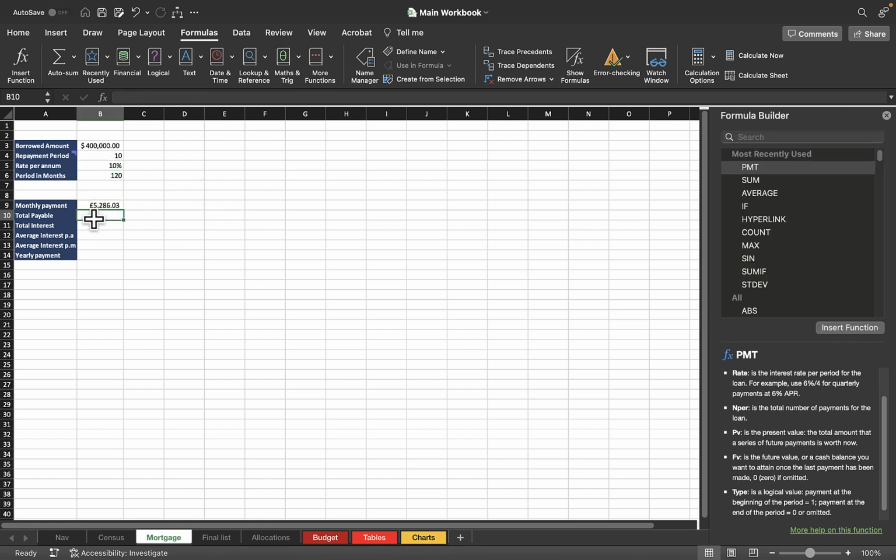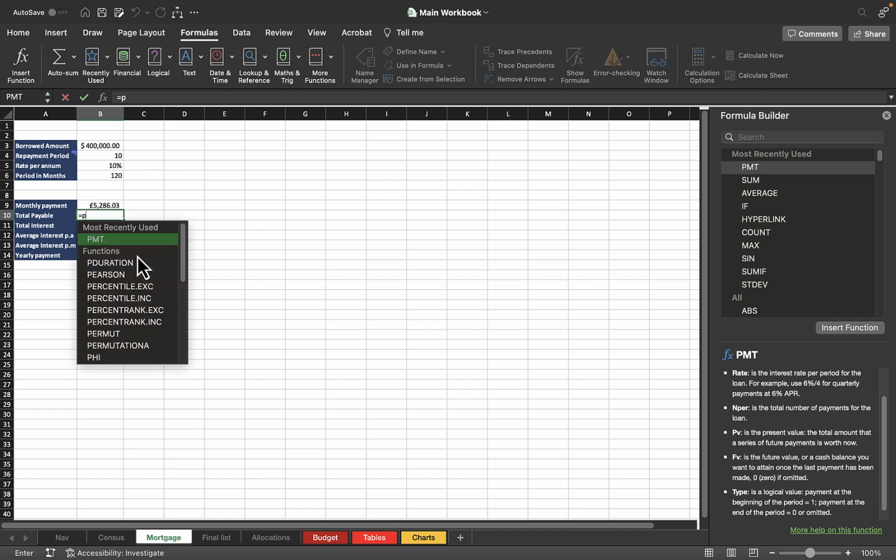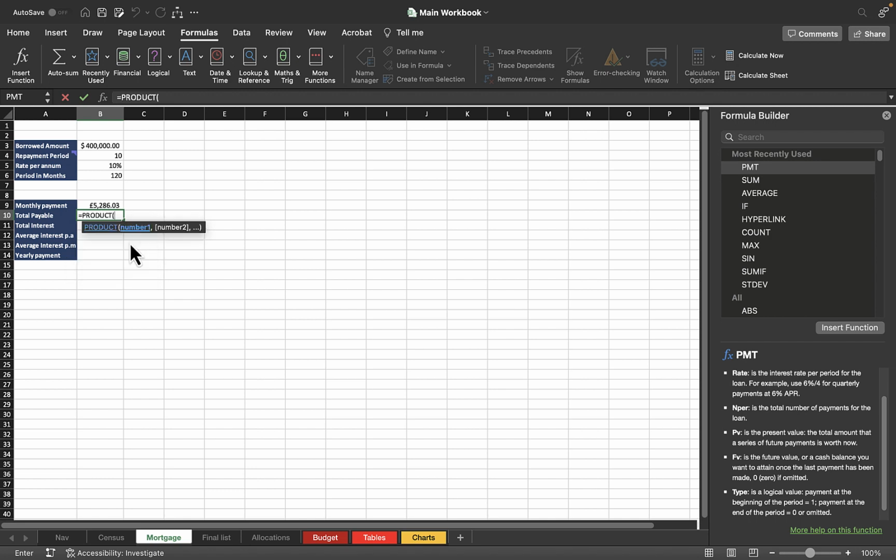The total payable is equal to the amount you pay per month times the number of months. Or you just do a product of this and this. You get the same amount. What's the total interest?